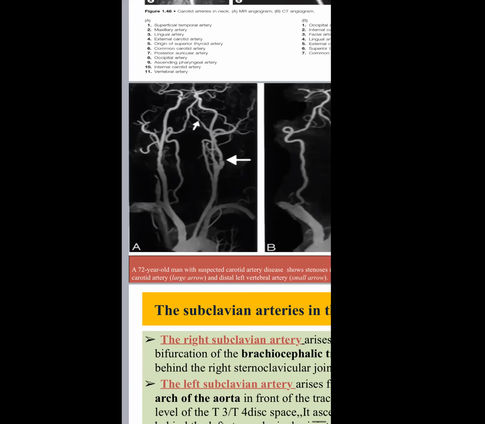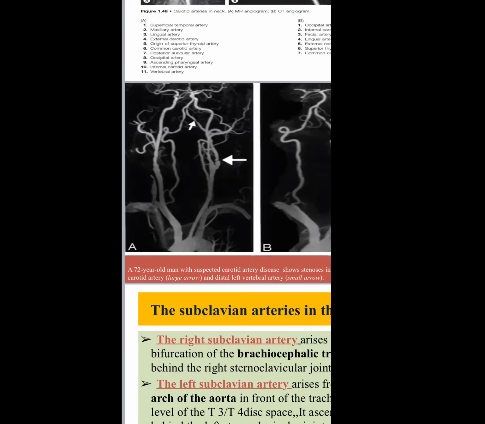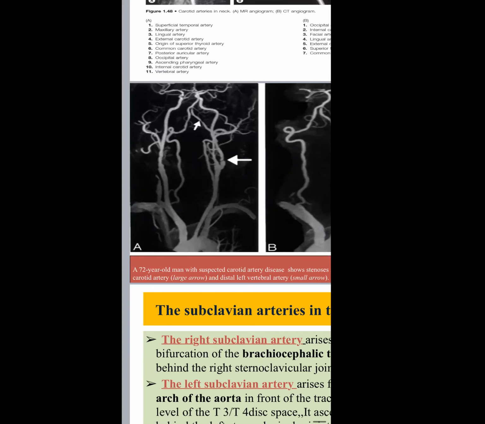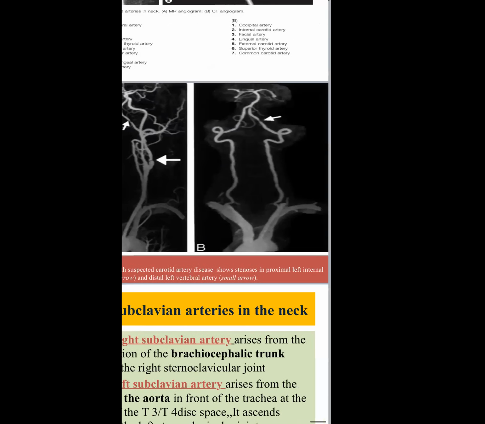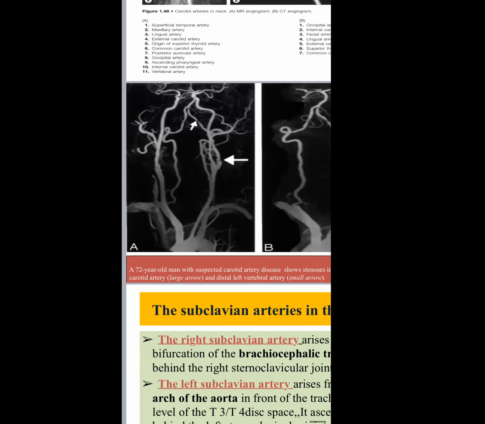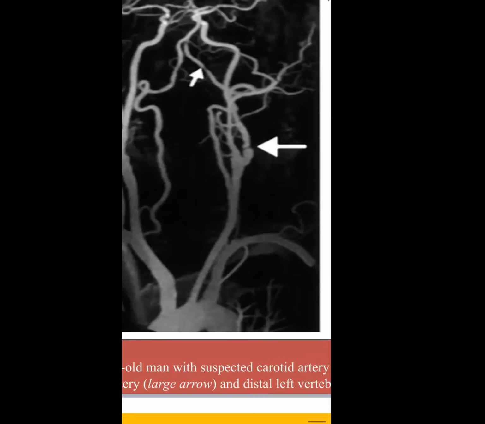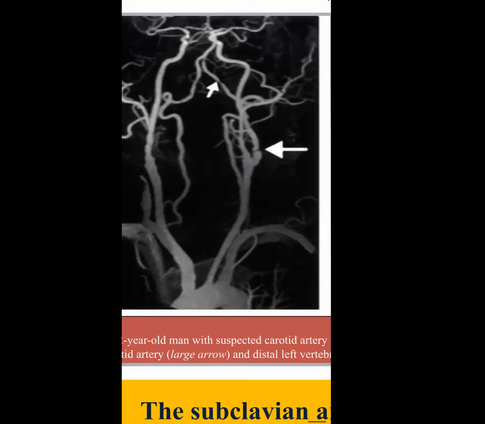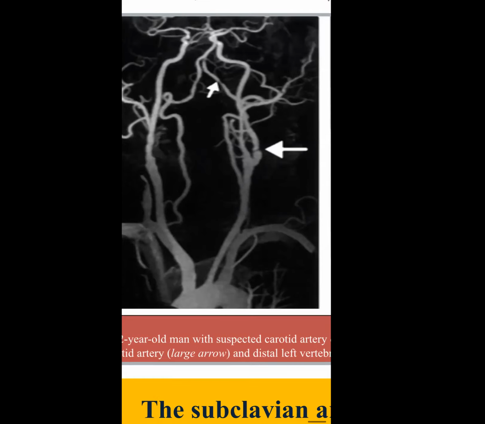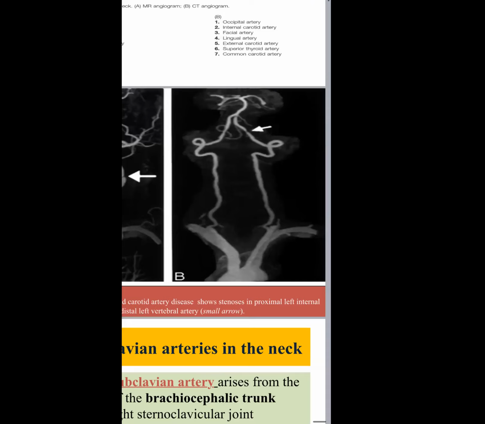Picture A, the big arrow showing a stenosis in the proximal left internal carotid artery and the distal left vertebral artery. واضحة عندكم الصورة؟ اي واضحة كلش. تمام. B, there is a narrowing in the vertebral artery. The arrow showing the narrowing.